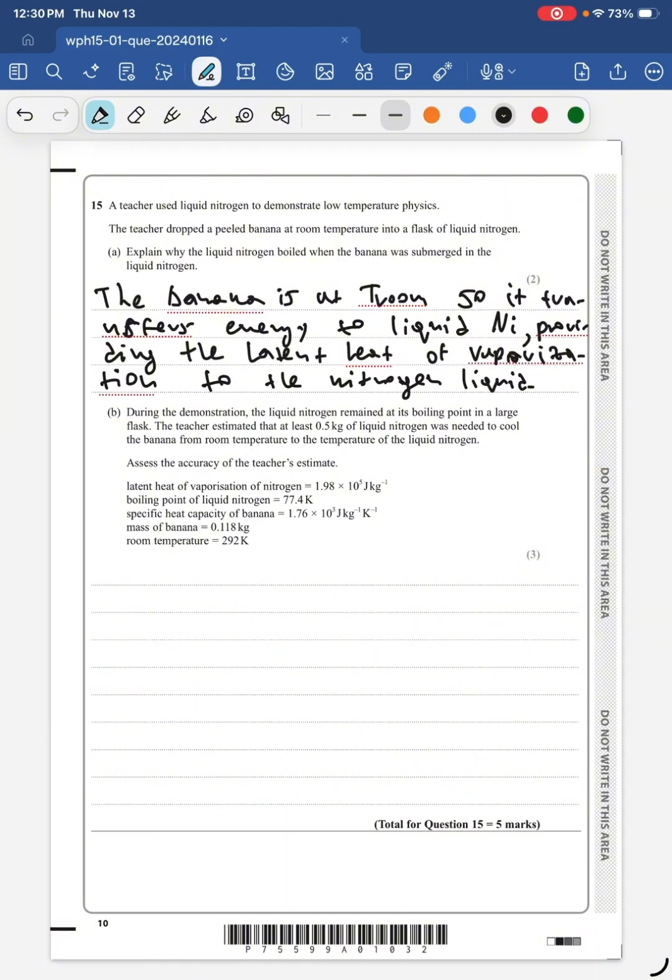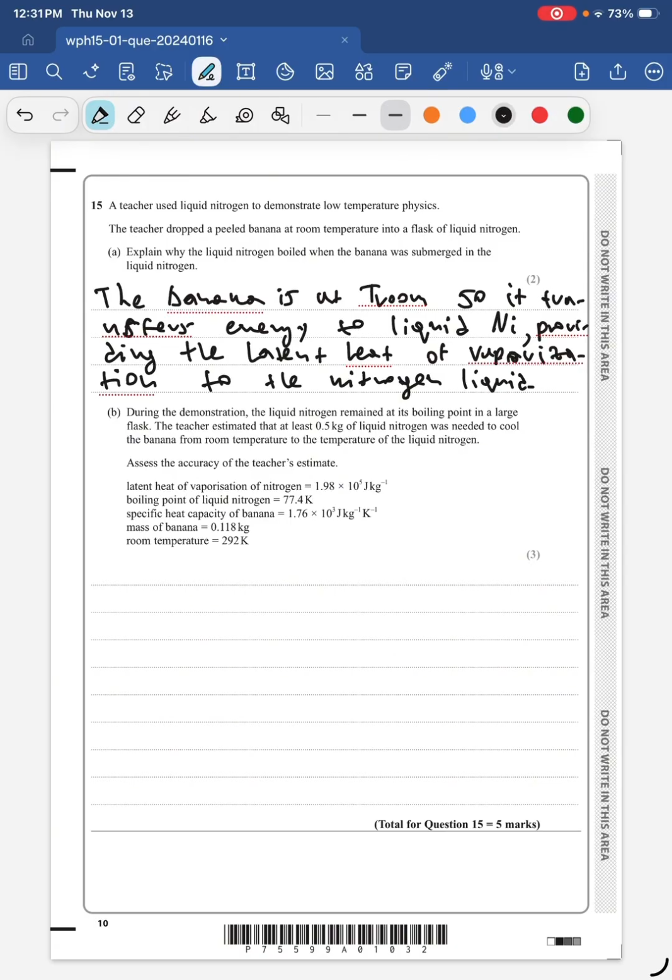Okay, so there is nothing else to say. I mean, liquid nitrogen is at a much lower temperature than the temperature of the banana, so the liquid nitrogen boils, pretty much.